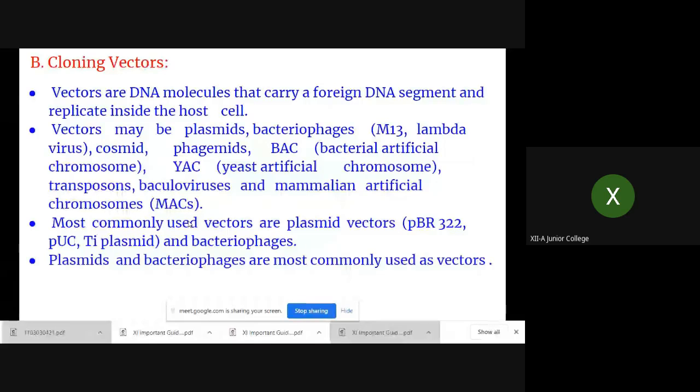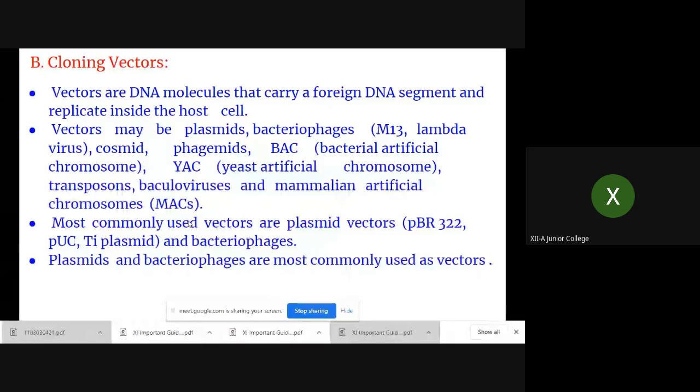So vectors are DNA molecules that carry a foreign DNA segment and replicate inside the host cell. This is a very important characteristic feature of vectors. They don't just carry, but they have one more thing: the specific capacity to replicate inside the host cell.